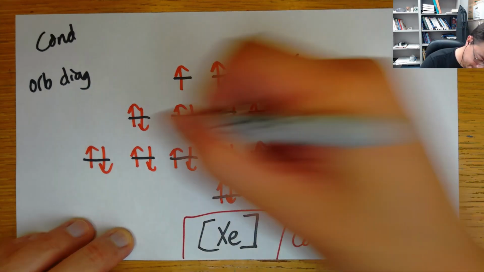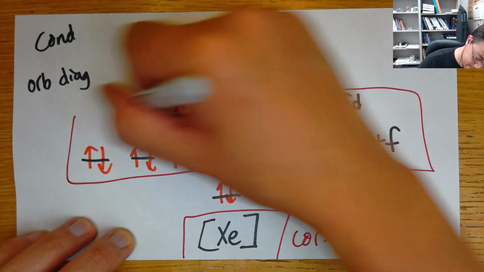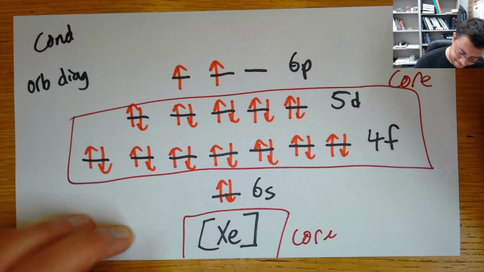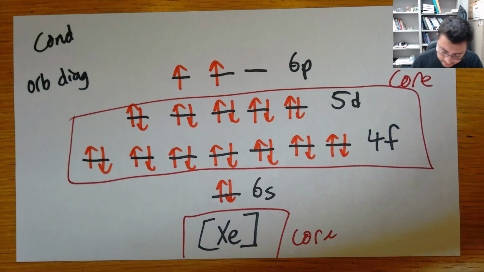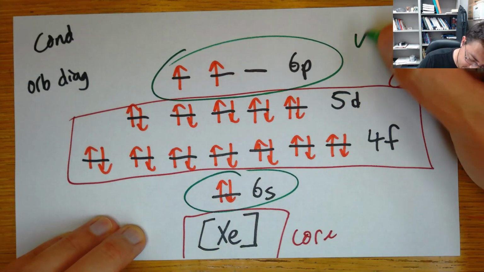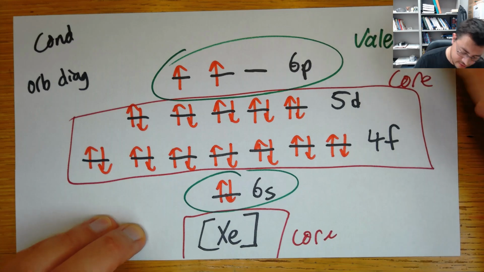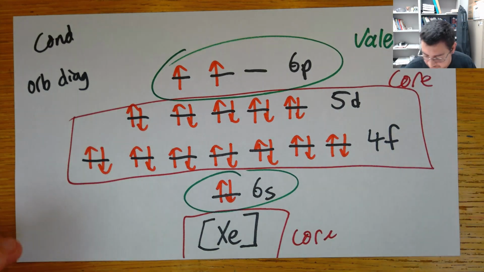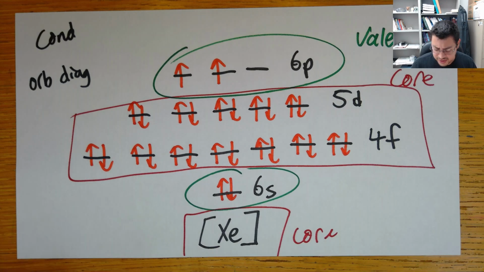Core. Core. Valence. Okay, 4 valence electrons. All right, so that's it for this video.